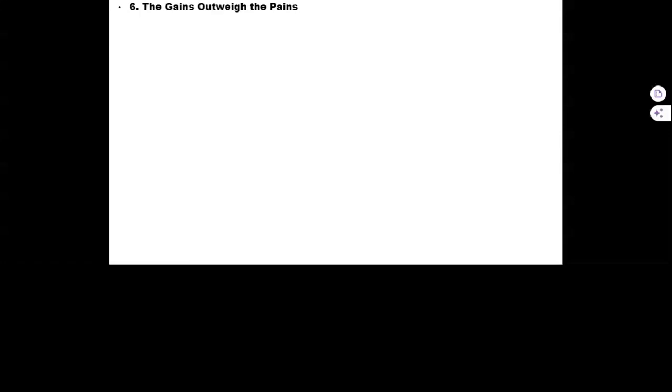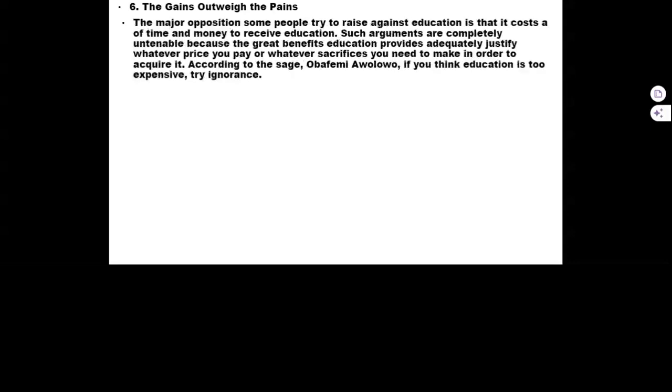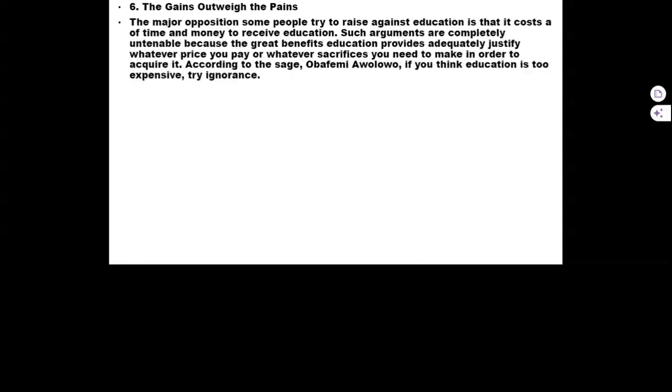So point number 6, the gains outweigh the pains. The major opposition that some people try to raise against education is that it costs a lot of time and money to educate a child.